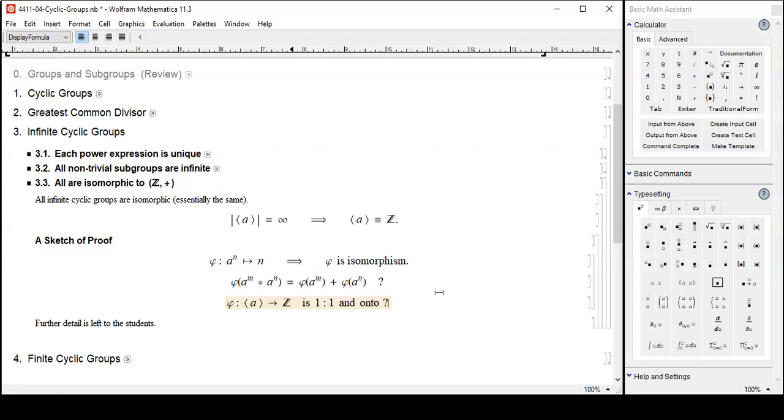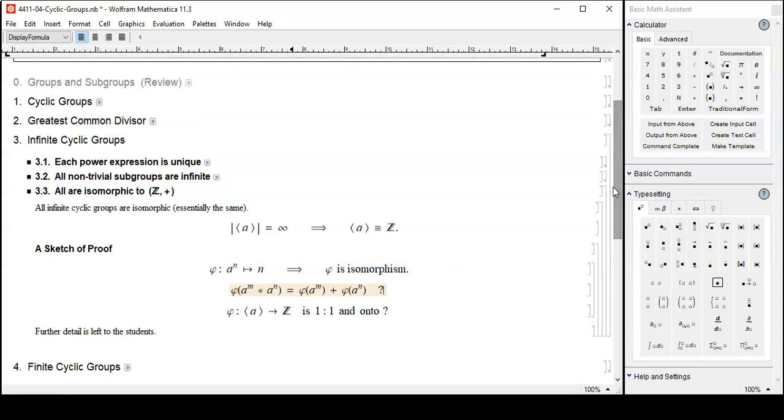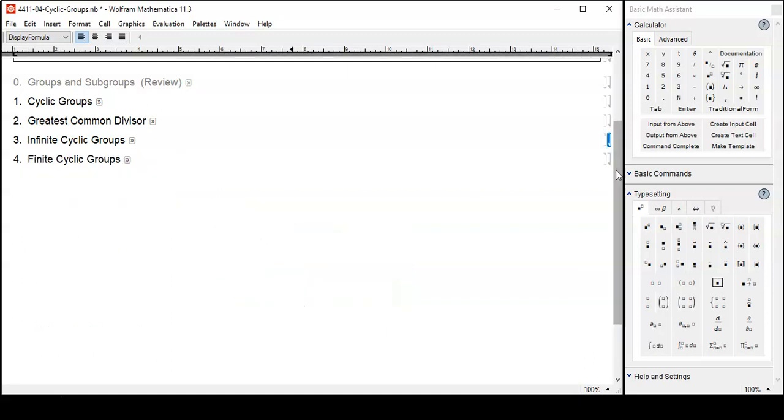How do you do that? Well, that's left as a homework problem. This one is going to be pretty simple, straightforward, and this one needs a bit of thinking, but actually this is straightforward as well. Alright, so much for section 3.